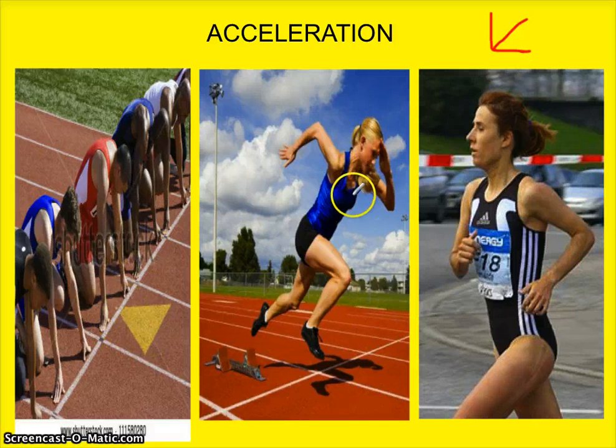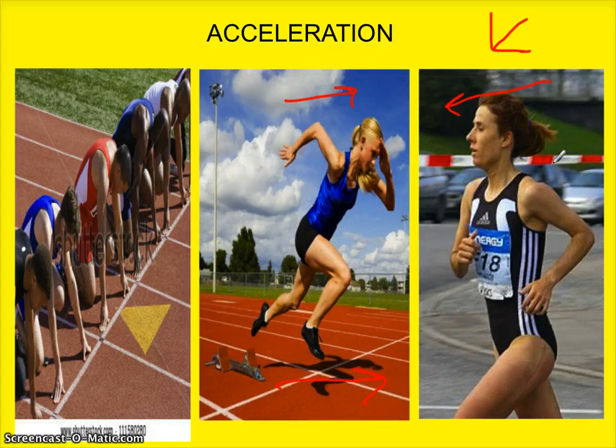Here's someone who is just coming off the starting blocks, going incredibly fast down the track. And here's someone who's probably started a long time ago and going much slower, probably just barely able to keep running. Naturally, there's more acceleration here, but just because her speed is changing, that gives her a degree of deceleration.